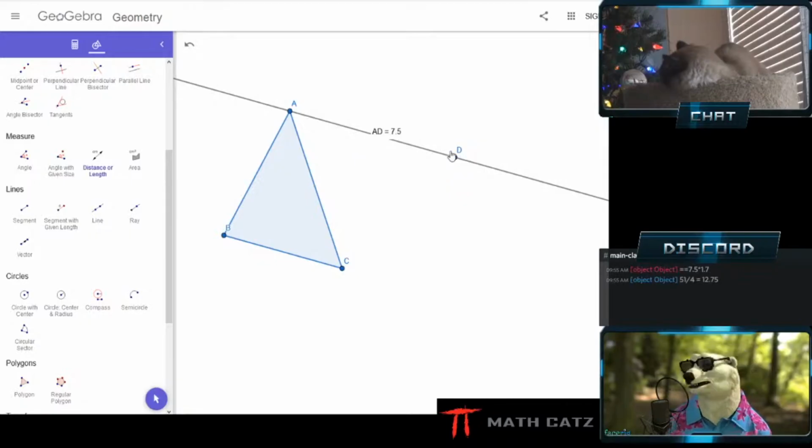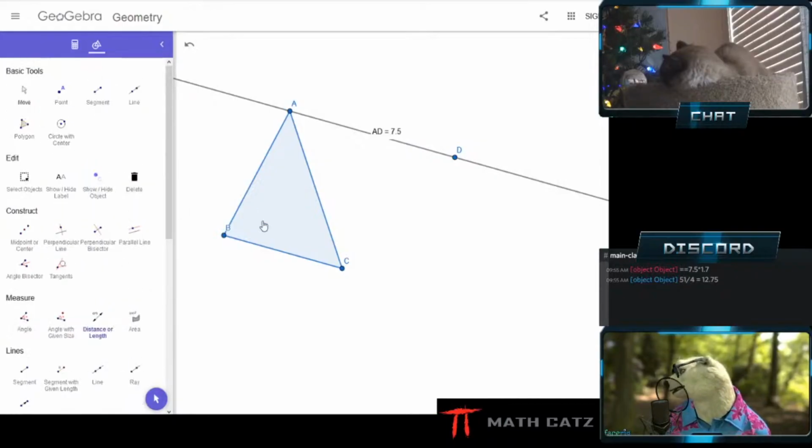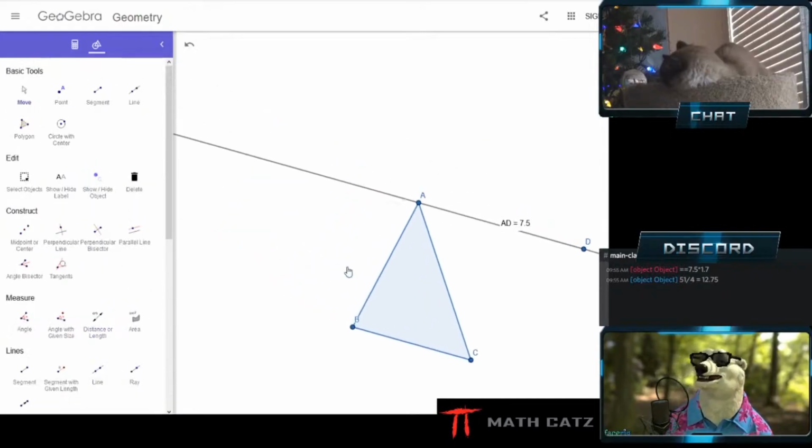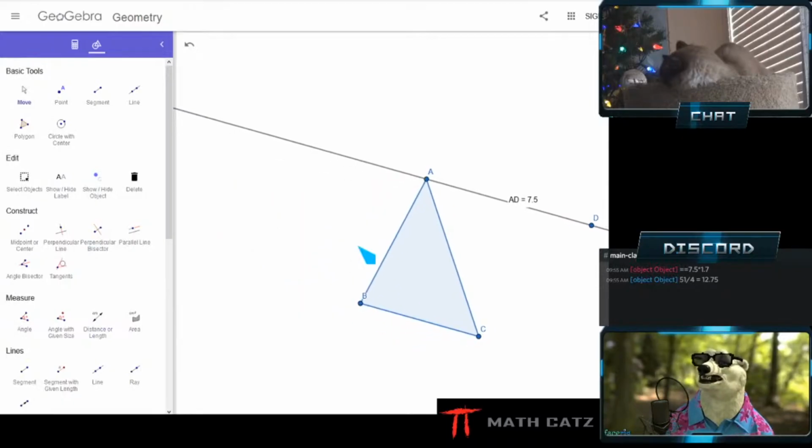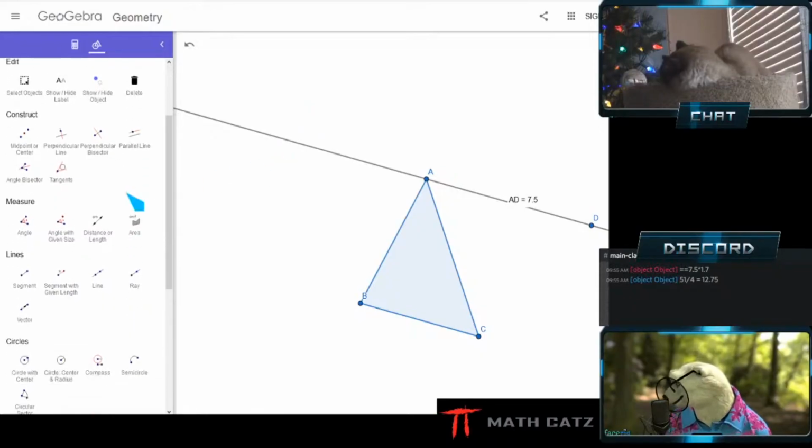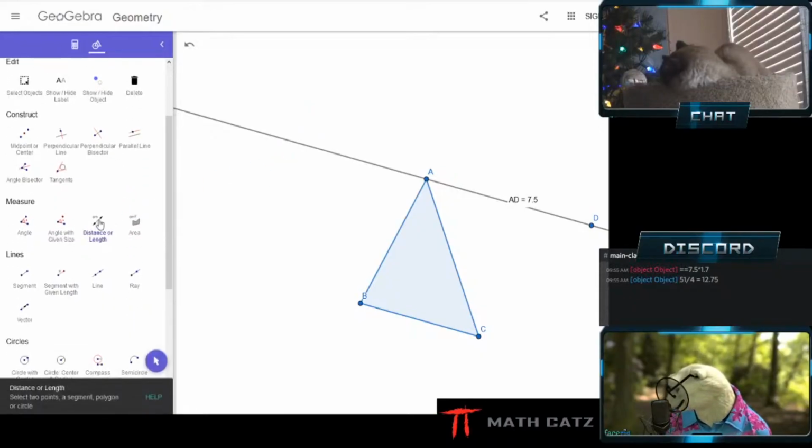So then, this is my center. I'm going to measure everything from the center D out. I'm going to move things a little bit. I now have to measure from D a distance of 12.75 further out towards A, but it's going to be past A over here somewhere, right? I don't necessarily have this. The distance length tool measures an existing line segment.